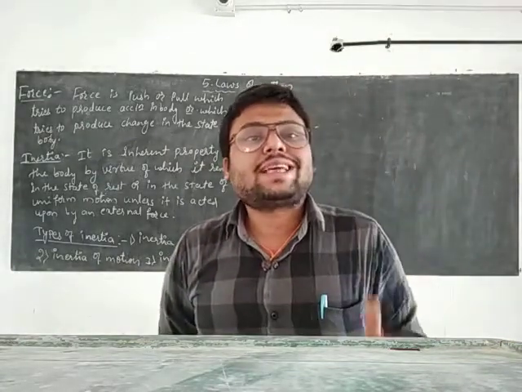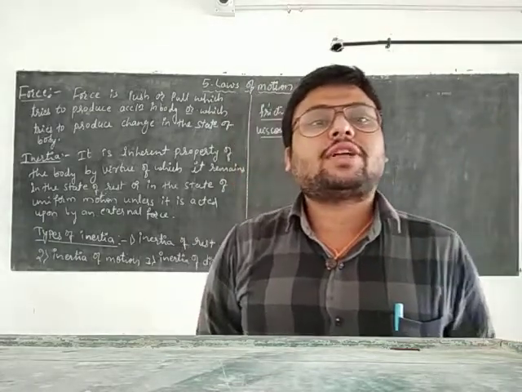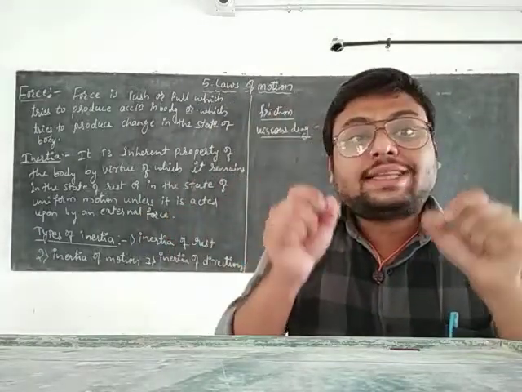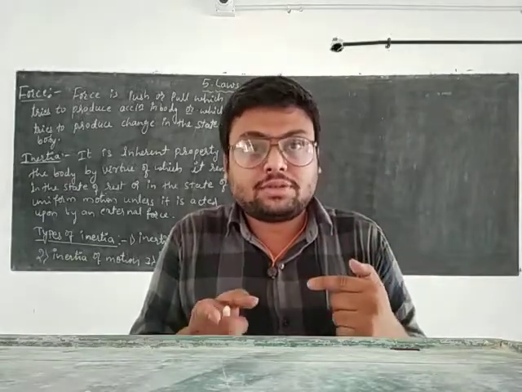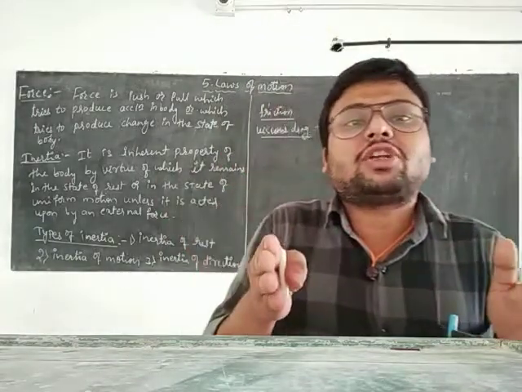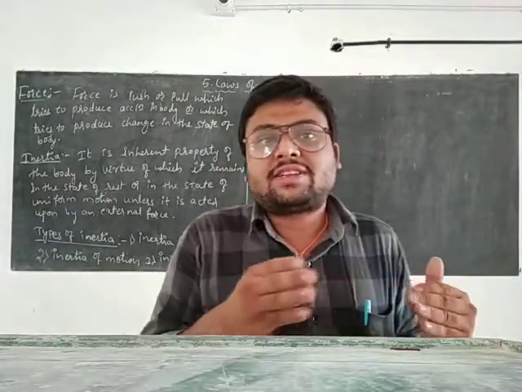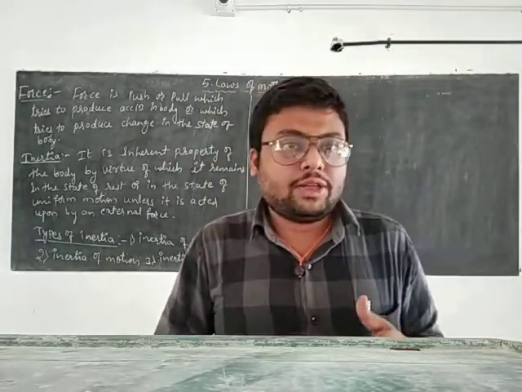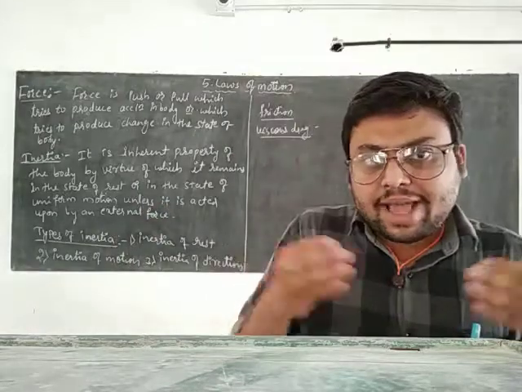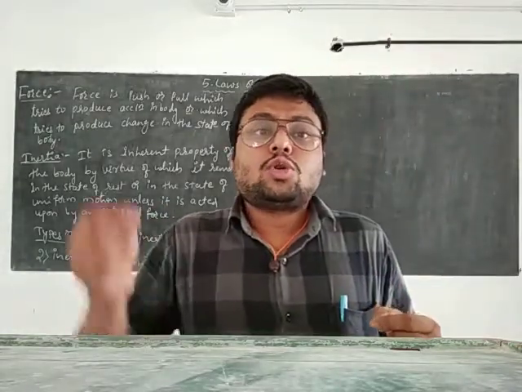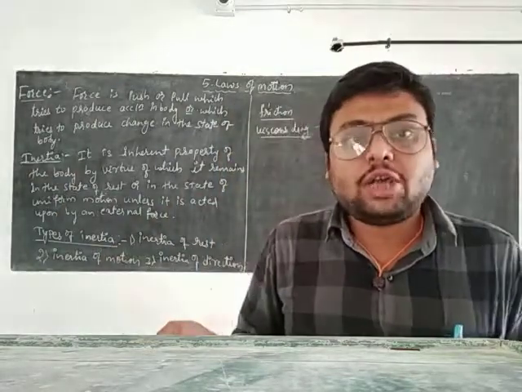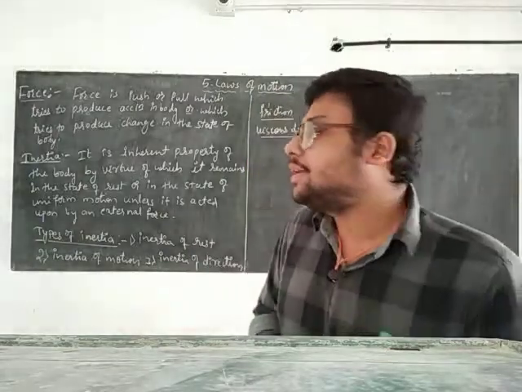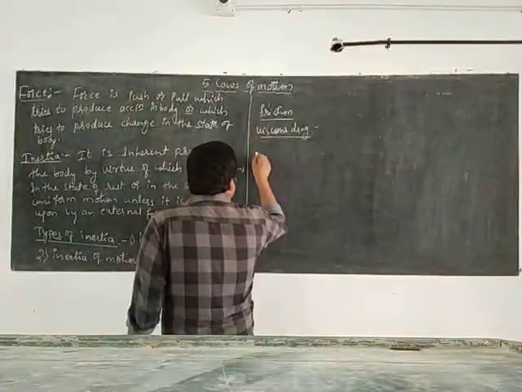If the frictional force is equal to the external force, so the magnitudes of external force and frictional force are the same, then what happens? The external force direction and the frictional force direction are opposite. The external force wants to move the body, and the frictional force wants to stop the moving body. So both have opposite directions, but the magnitude is the same. Then the net force acting on the body becomes zero. Then the body comes to rest. Is it clear?